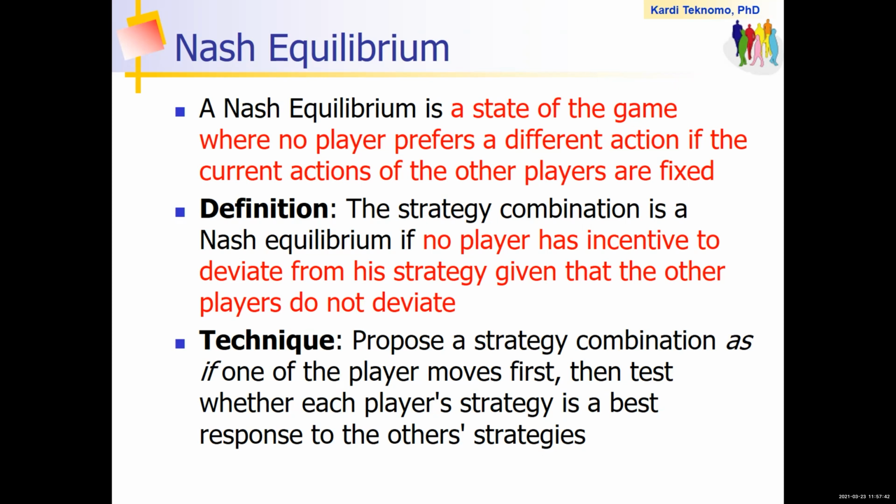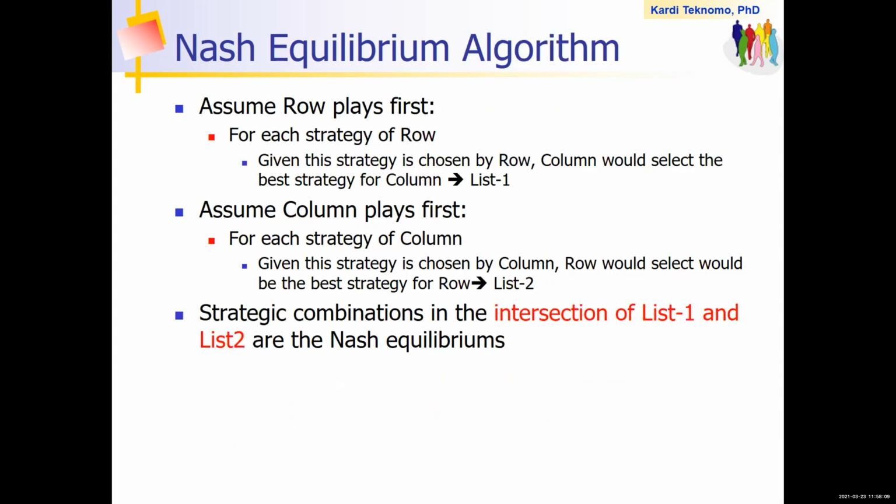Now, the technique to calculate the Nash equilibrium is to propose a strategic combination as if one of the players moves first, then test whether each player's strategy is the best response to other strategies.